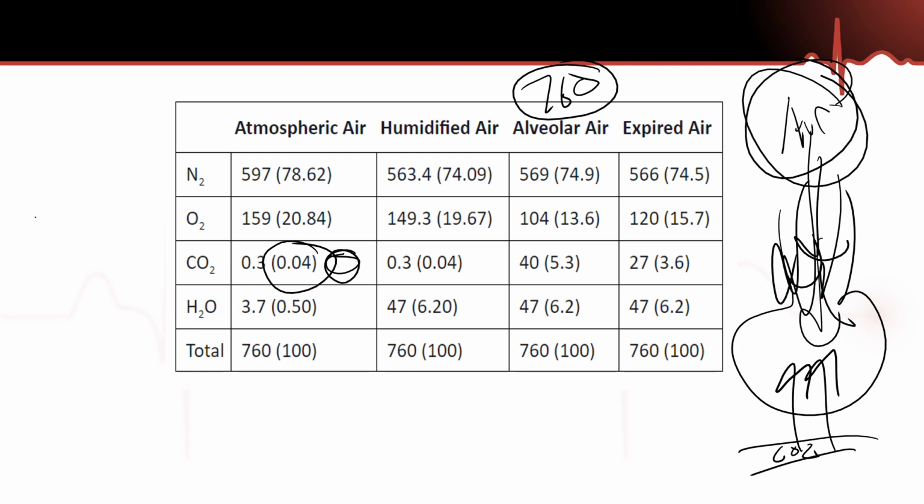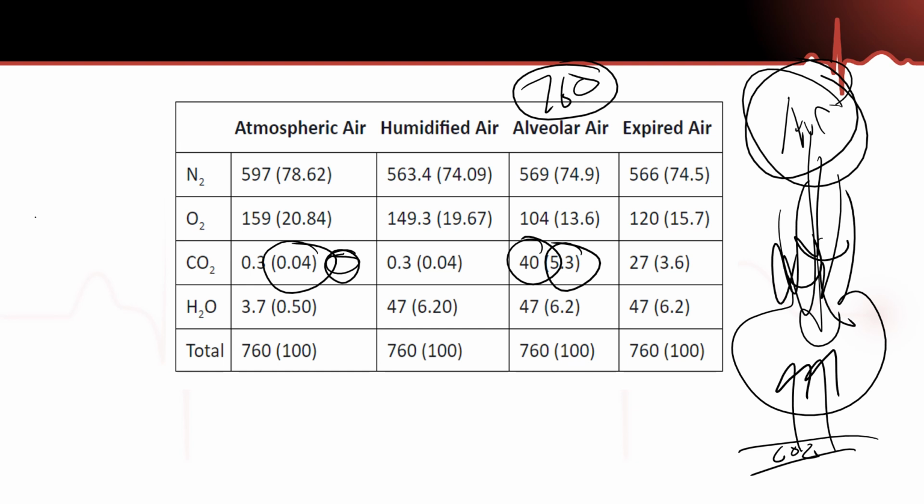Well, if we know that CO2 makes up 5% of the air, then carbon dioxide must contribute approximately 5% to the total air pressure of 760.